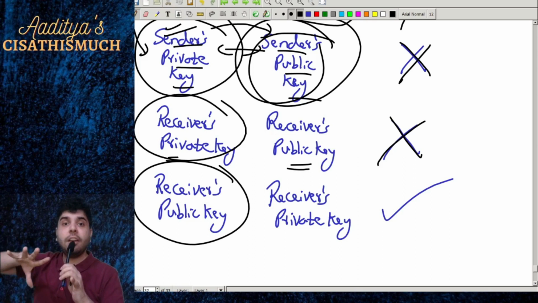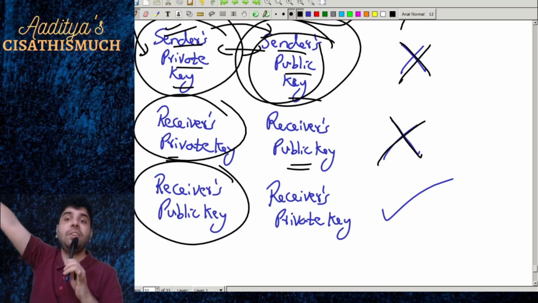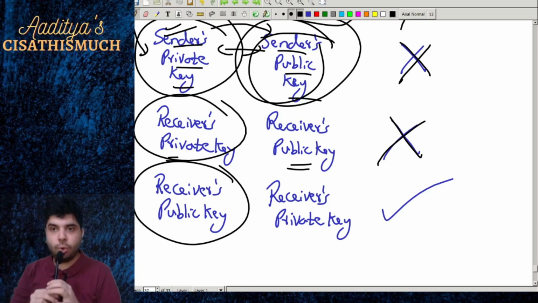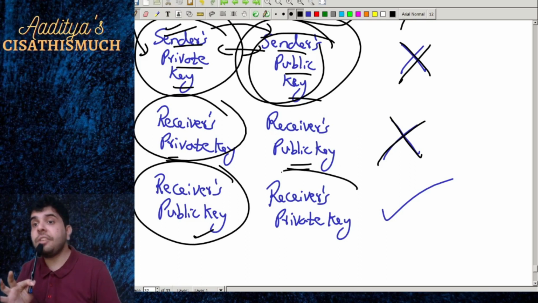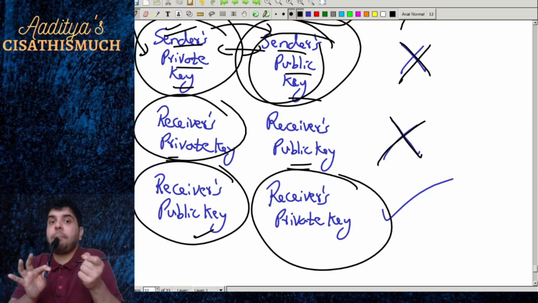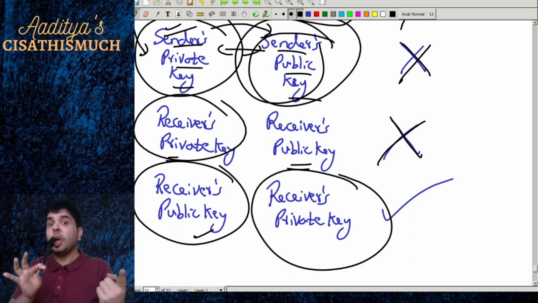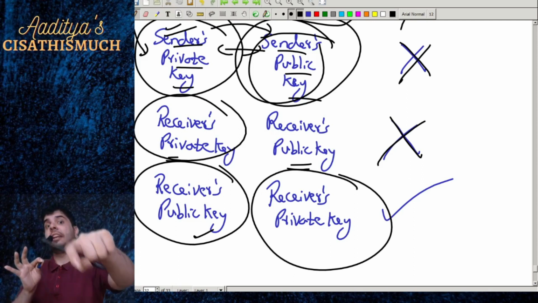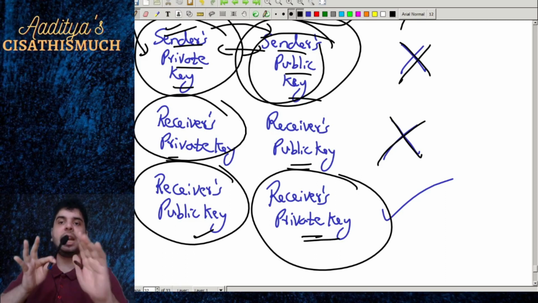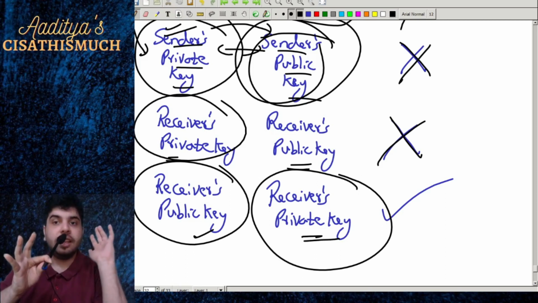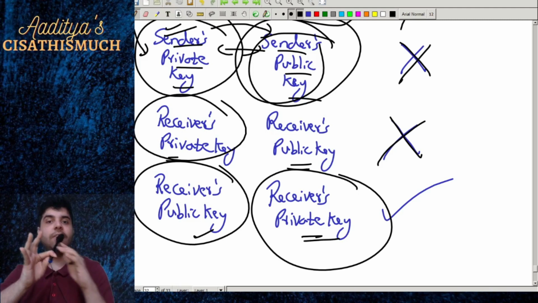So the sender can get the receiver's public key. So this is working. Now the receiver will decrypt that particular data using, this time, his own private key. Yes. Now this combination is exactly working.